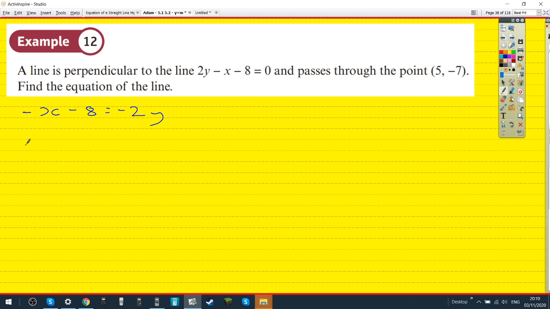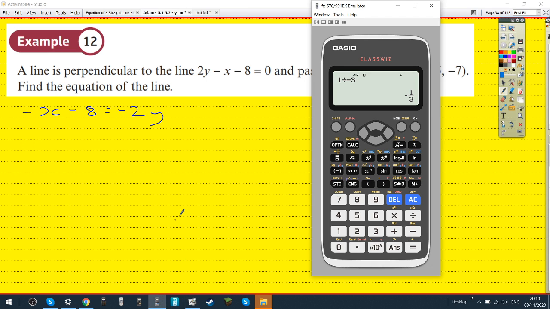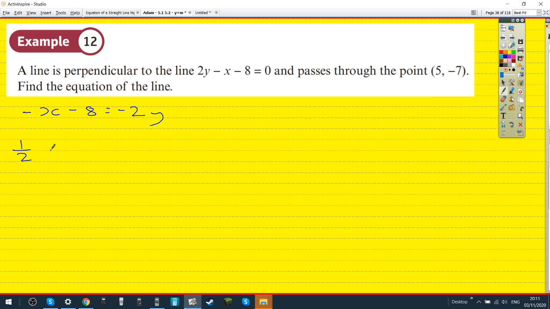Which would give you... Would it just be 1 divided by 2 is 0.5, so a half. It would be a half x. Yeah, just half x. And then plus 4 equals y.